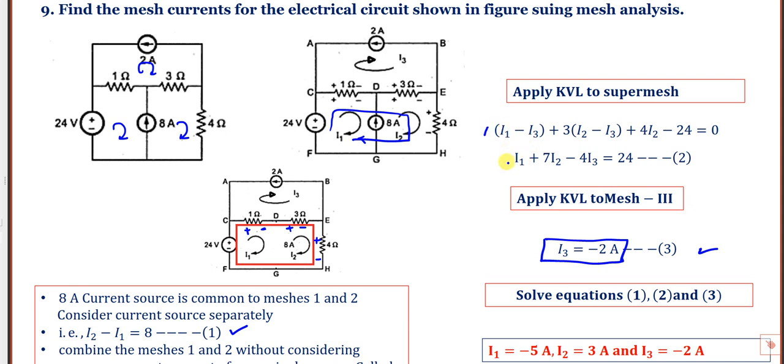Simplify: 1 I1, 3 I2 plus 4 I2 is 7 I2, minus I3 minus 3 I3 is minus 4 I3, equal to 24 if you bring minus 24 to the right side.